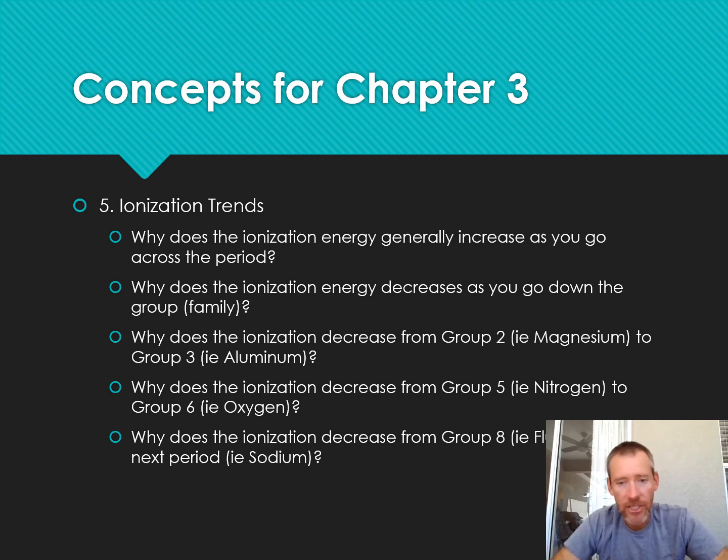And ionization energy decreases from the end of a period to group 1 of the next period, because it's going to the next energy level. Increasing energy shells causes more shielding and more distance, which means less ionization energy.